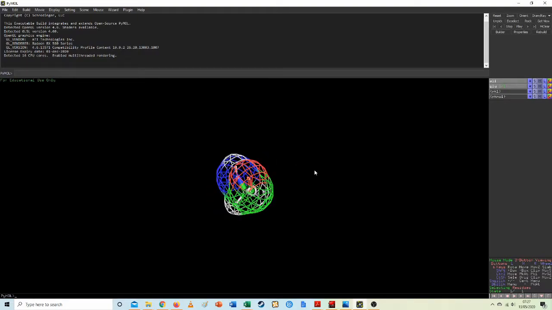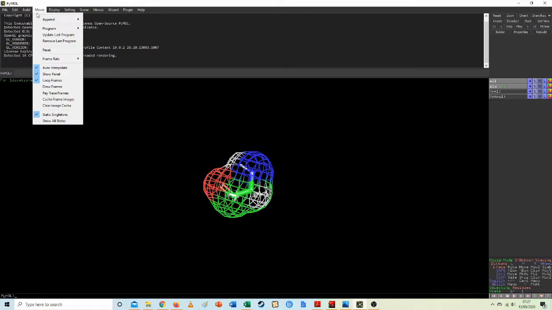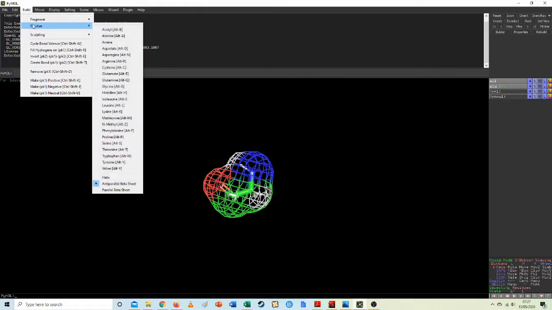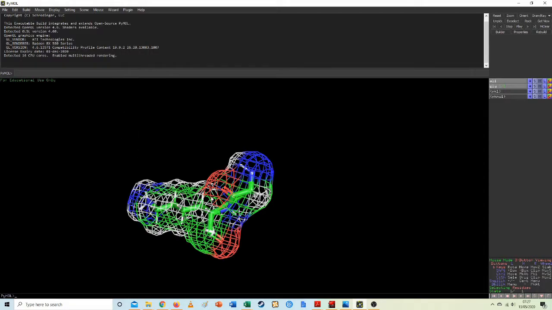So what I'll do is I'll chuck in another residue that we have seen before, and I think I'll go for, can I find it? Lysine, I think, is the basic one that we were talking about last time, and I will chuck that on there.